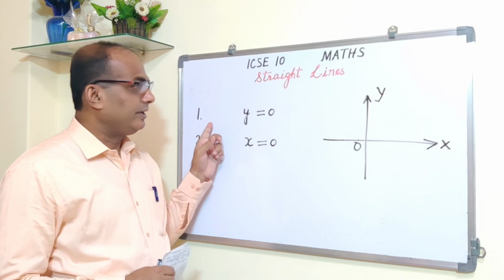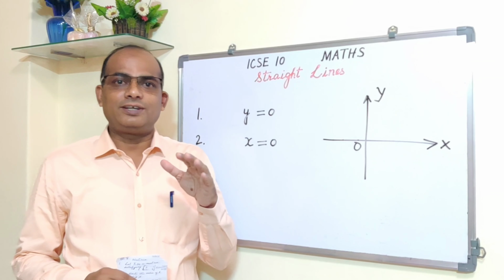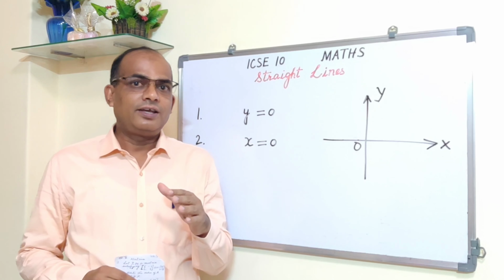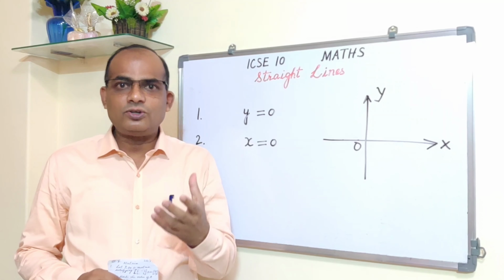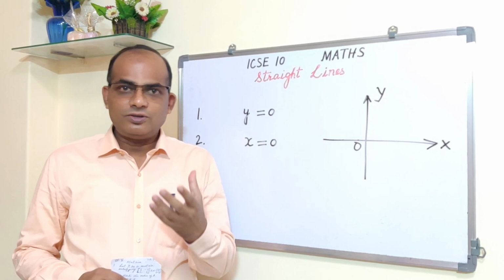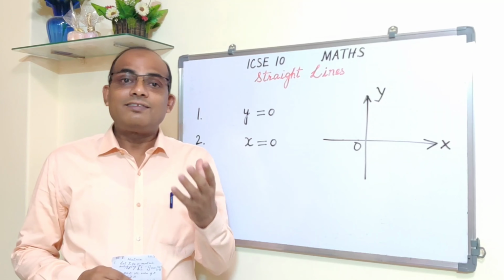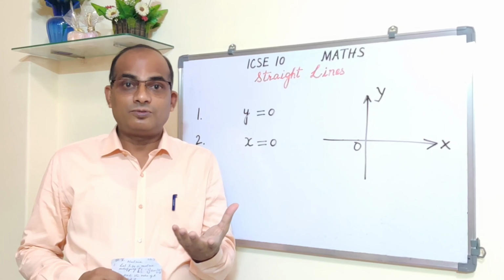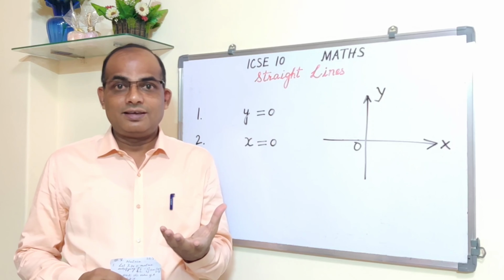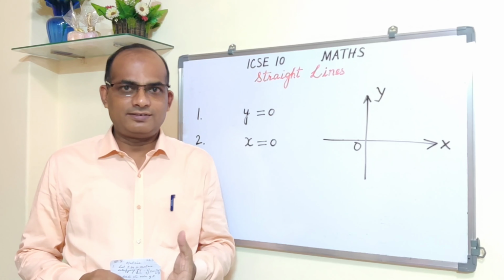The first point is, we'll be talking about x-axis, y-axis, etc. So let's see the equation of x-axis, the equation of y-axis, x is equal to a, which type of line it is, y is equal to b, etc.